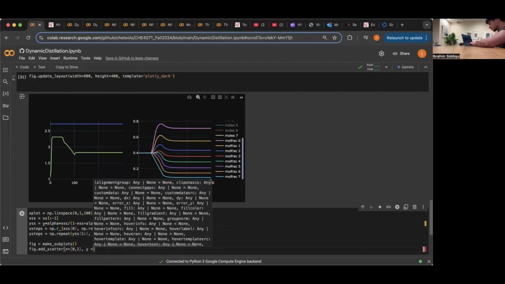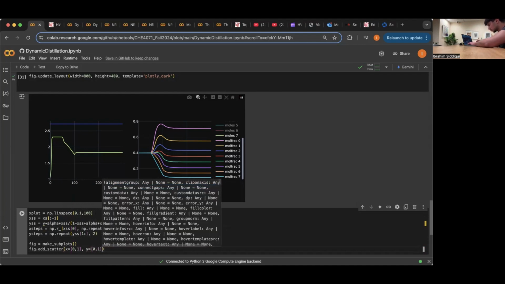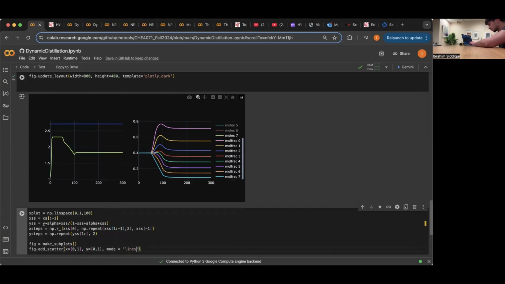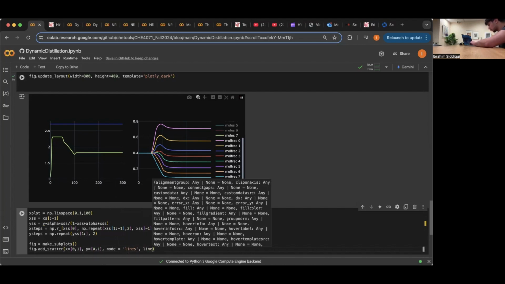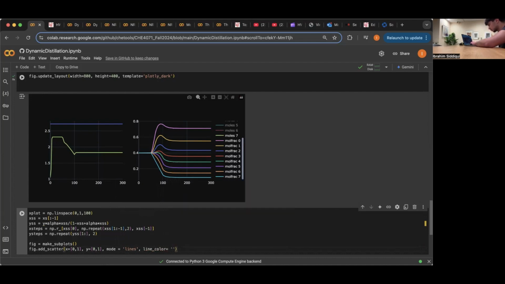Y is going to be equal to the same thing, 0 to 1. And our mode is going to be equal to lines. And our line color, we can just go ahead and give it a color. Line color is going to be equal to, in this case, gray.